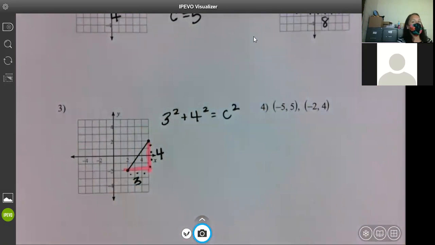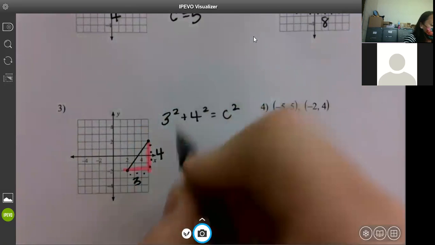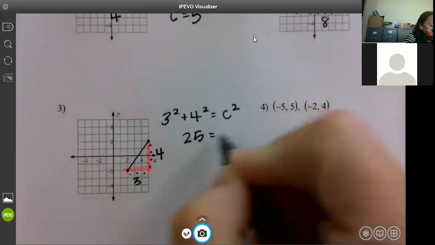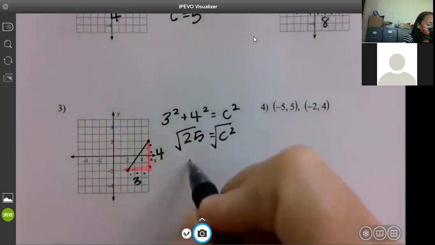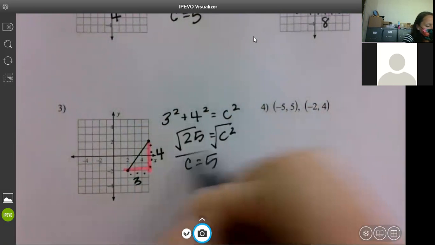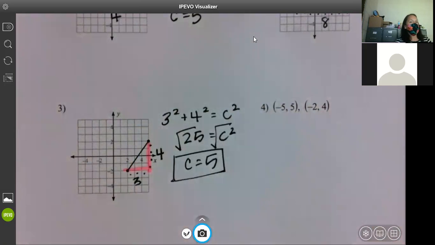So I do 3 squared plus 4 squared equals c squared. 3 squared plus 4 squared, we already found out on question 1 was 25. And then we took the square root and we got 5. All right. So be careful when you get to the next ones.